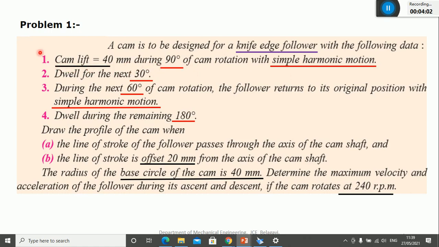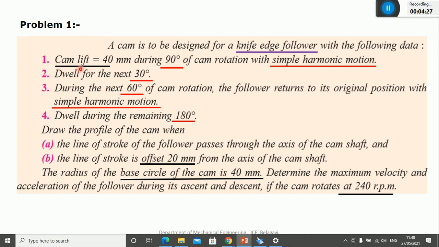There will be 4 angles; usually they give 4 angles. First is when the follower is moving in upward direction, after that the dwell angle, again a return stroke angle, and the last one again a dwell angle. So first I'll read out the problem, and in the next slide I'll list out all these things and explain once again. Just write down the keywords, these underlined words.